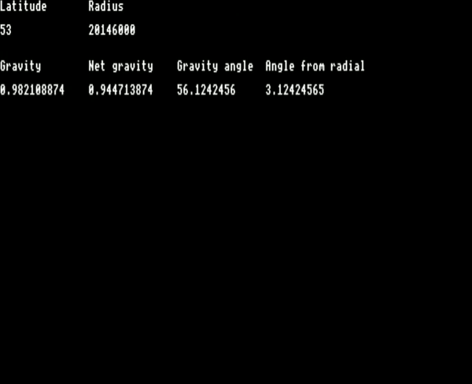There we go. At 20,149 kilometres. Well, it's actually 0.982 now, but close enough. But that's actual gravity, and we need to go forwards a little bit more.